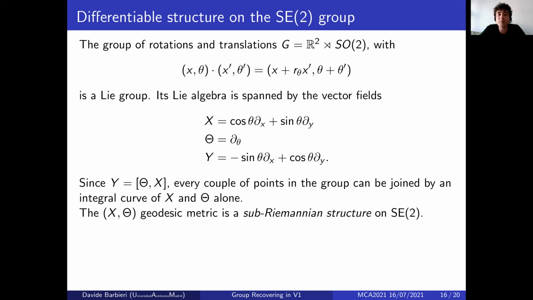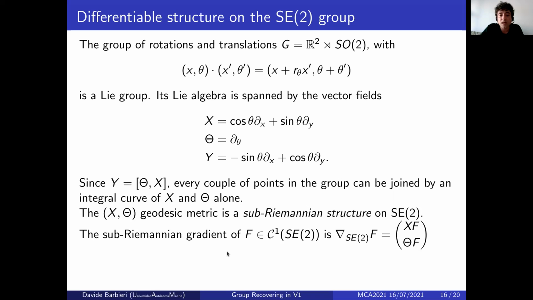This commutation relation allows you to obtain a geodesic metric on the group, which means you can join every two points on the group with an integral curve of just, for example, theta and x. This geodesic metric is called the sub-Riemannian structure and motivates the introduction of a sub-Riemannian calculus.